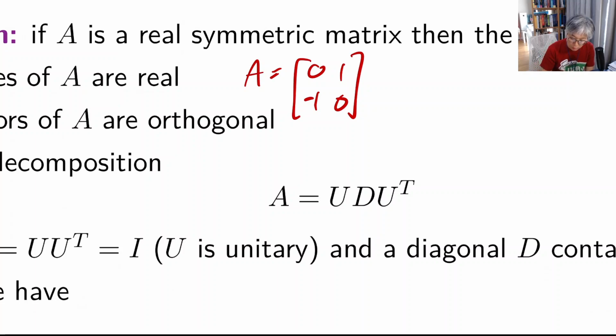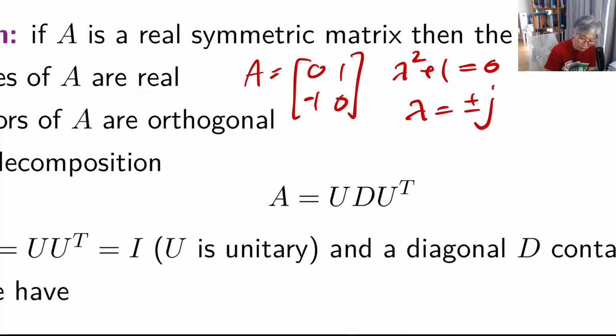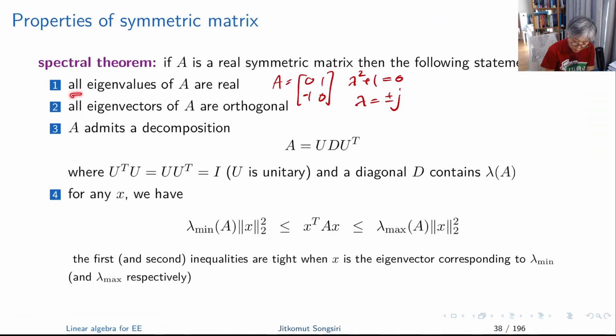In this example, the characteristic equation is this, right? And your eigenvalues are both pure imaginary. All right. But we have this nice result that all eigenvalues of A are real.